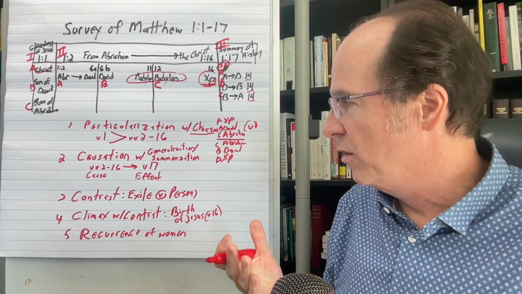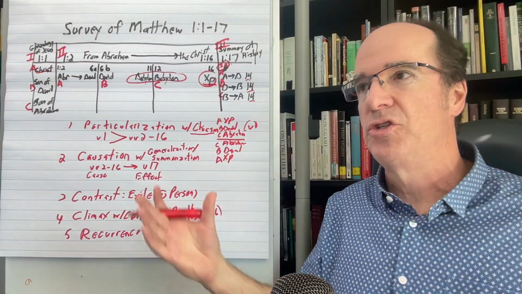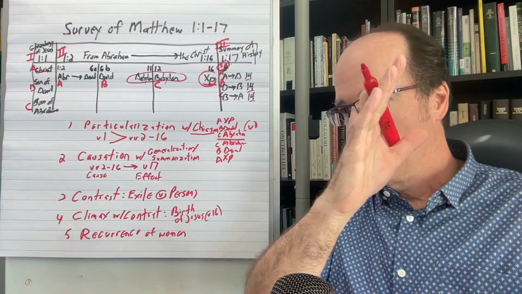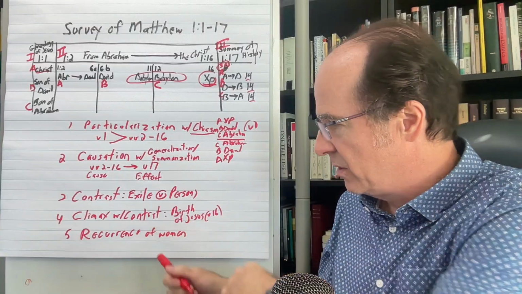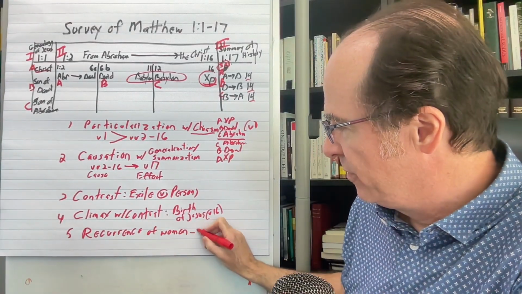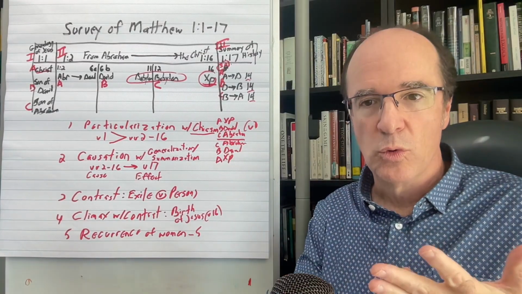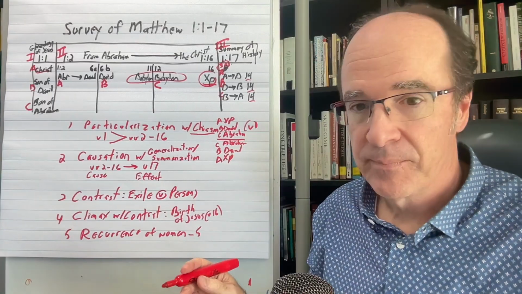And you could even count that in a way as a contrast, because this is a genealogy dominated by men, fathers begetting, and we have the inclusion of these five women. Again, Tamar, Rahab, Ruth, the wife of Uriah, and Mary.